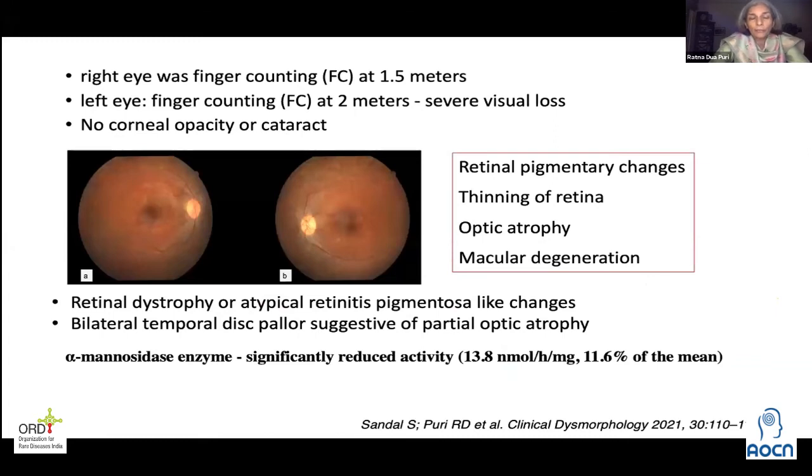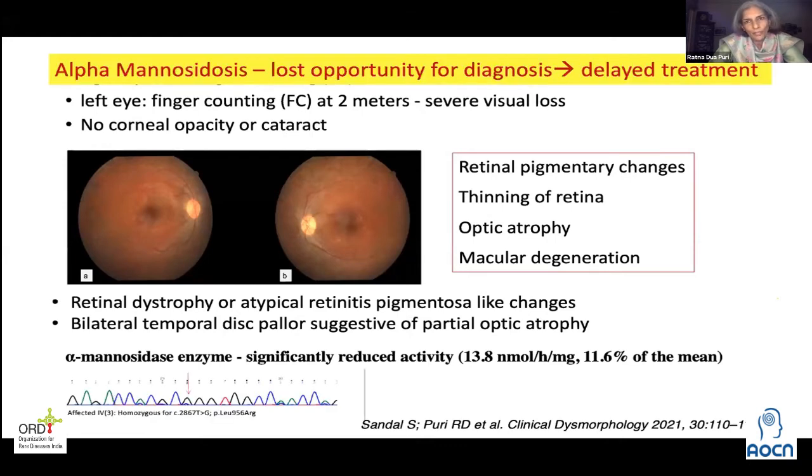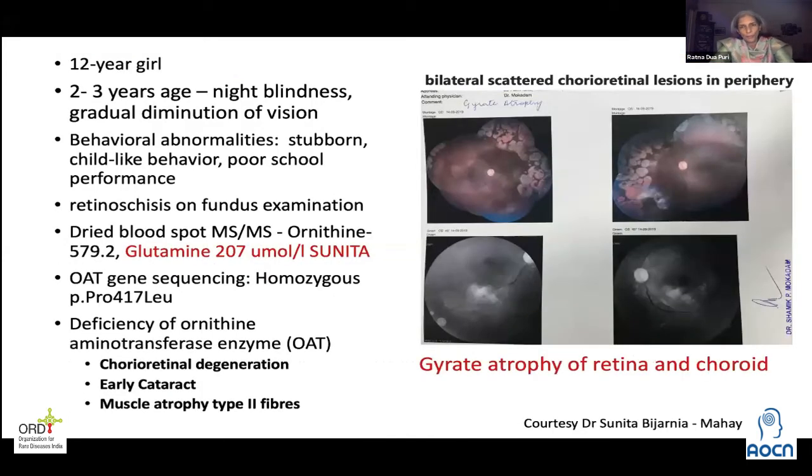It may not be available here, but we could have prevented the birth of another child. It was these pigmentary abnormalities, the optic disc pallor, along with the phenotype, the hepatomegaly and the coarse facies, which led to the diagnosis and confirmation of this syndrome. So these are all lost opportunities for treatment.